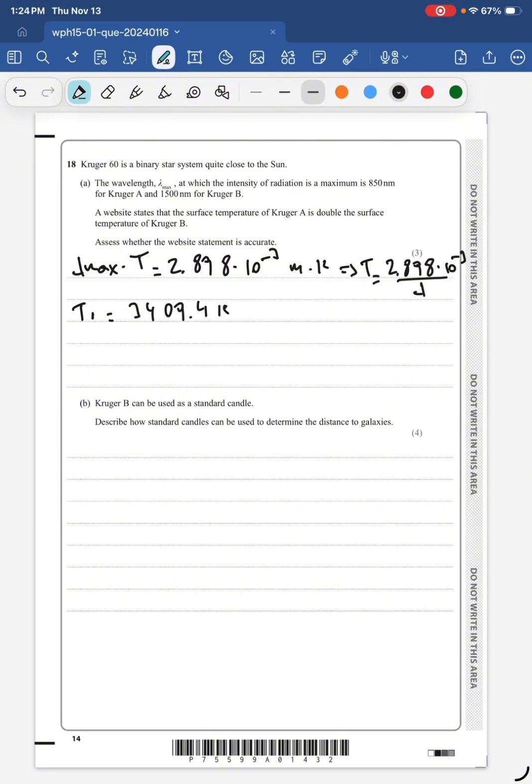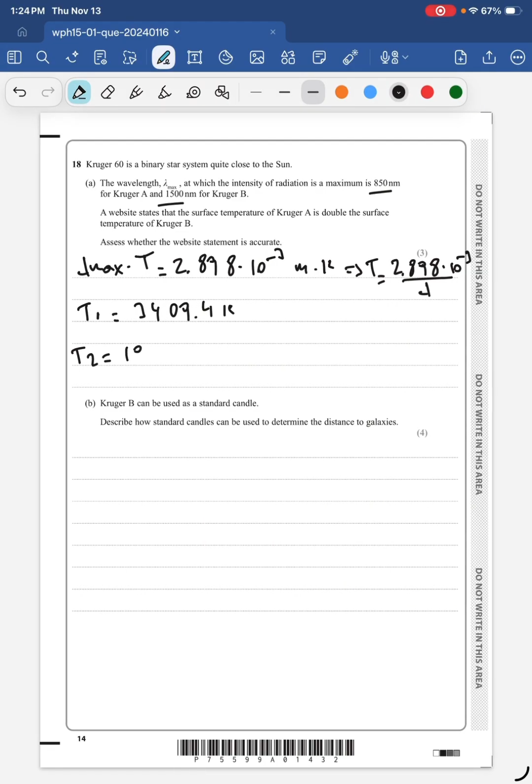You just plug in this lambda and this lambda, okay? And then T2 is 1932 Kelvin. If we divide them, 3409.4 over 1932 gives us 1.76, which is not accurate. It says double the surface temperature. It's not double, it's just 1.76, so wrong, okay?